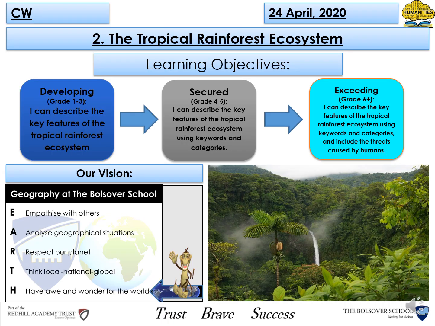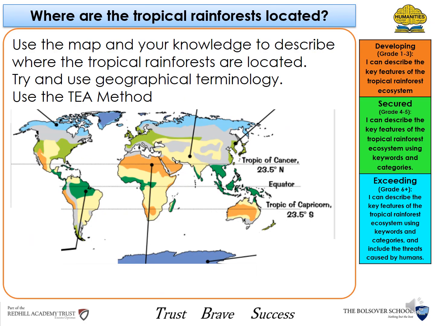Okay, so moving on to tropical rainforests, the key thing that we need to know about is the features of the tropical rainforest ecosystem. They're studied a lot because they're probably the most amazing ecosystem in the world due to the amount of plants and animals that live within them. So just linking to what we've just looked at, this is where the tropical rainforests are, and if an exam question asks to describe the location, you need to try and use the T method. So trend, example, and then if there's any anomalies on there.